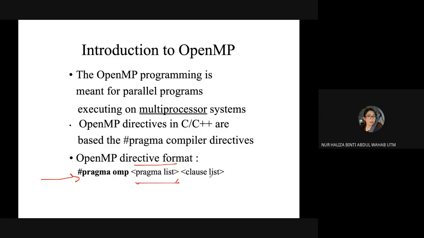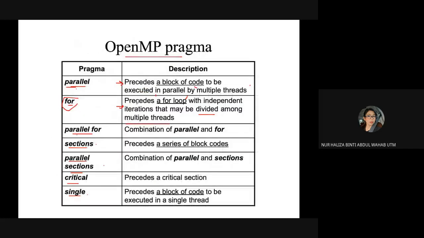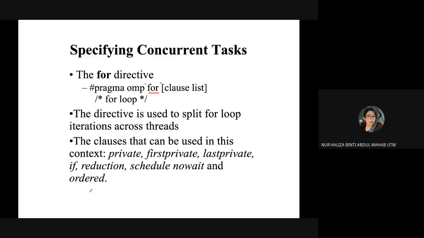Later on we're going to learn about the clause list, but now we focus on our pragma list, which is we have parallel for, sections, parallel sections, critical or single.